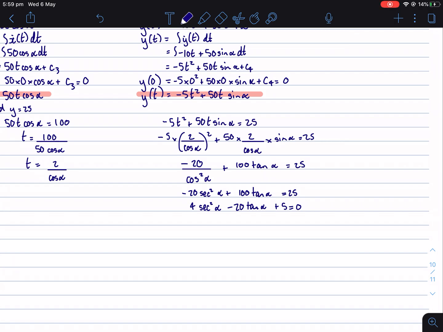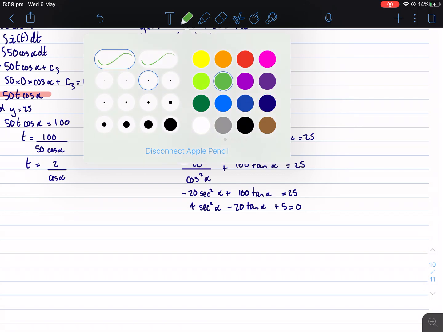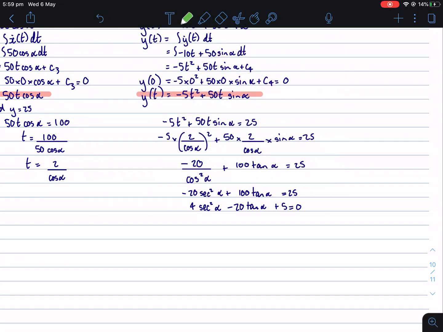Okay. And I also know, because I remember things like this and didn't just look it up, sec squared theta is tan squared theta plus 1. So I'm going to sub that in.